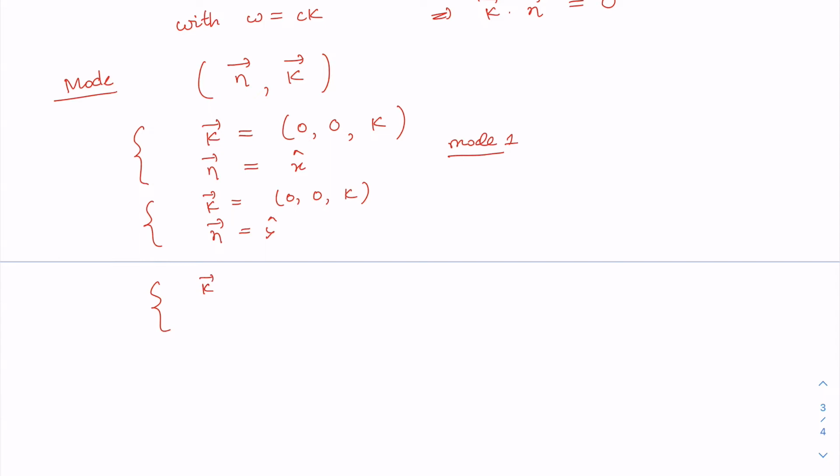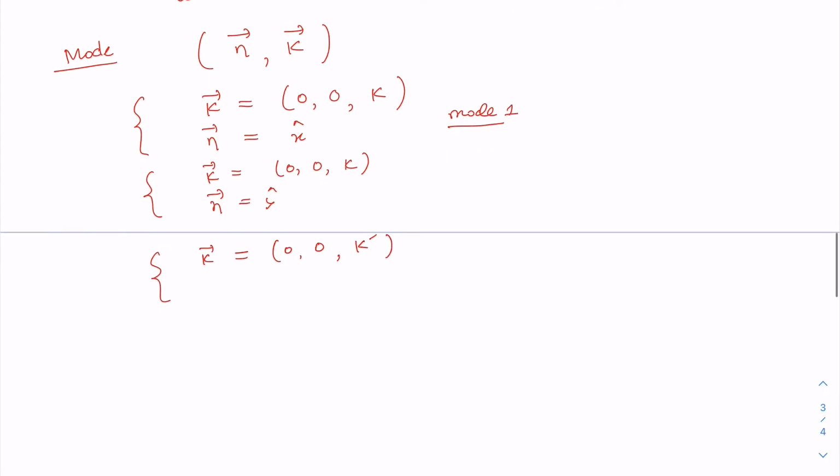Or say k is along the z direction but with a different magnitude, then also this is going to define a different mode, because k dash is equal to omega dash by c, and here you have k is equal to omega by c.